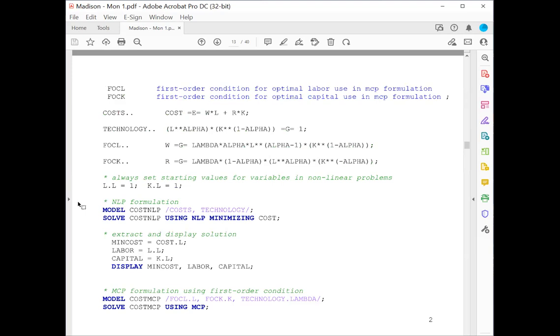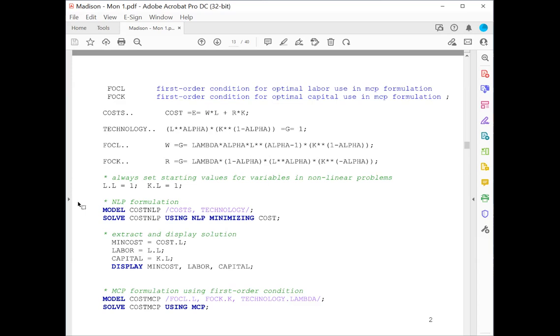Okay, so formulated as an optimization problem, as an NLP, I call it, say, model cost NLP, two equations, cost and technology. And the command is solve cost NLP using NLP, the NLP solver, minimizing cost.